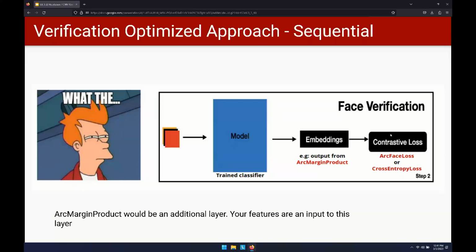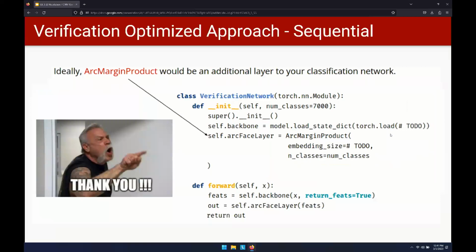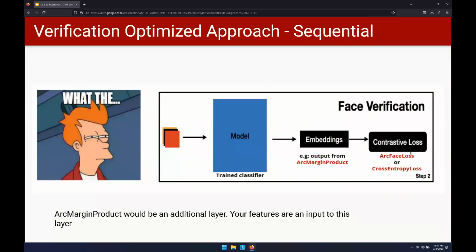And so over here, effectively what you're trying to do is a similar thing except for a larger number of people. So how you would train this is that you would take in your feature vectors, which you've trained from a classification model, put them into an arc face layer, which does a few operations on the embeddings to project them into space. And then whatever output you get over here, you do a backprop on with respect to the corresponding loss. And so over here, the loss would be the arc face loss and not anything else.